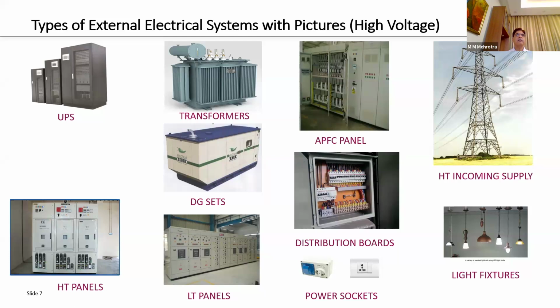That is why you must have noticed, if the supply goes and DG set supply is there, it takes some time to come. So that time is when the DG set is gaining speed and producing voltage as required by you. Now, UPS is there to provide supply during that intervening period, right?